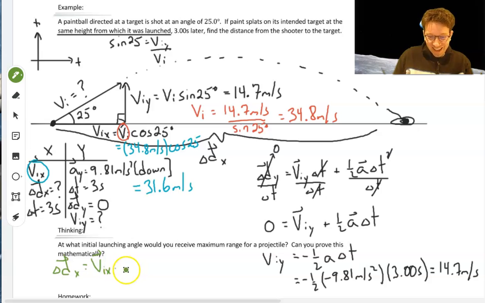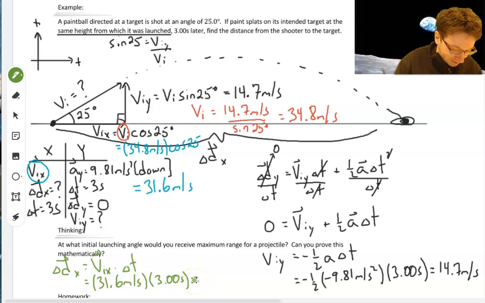Right? And then we're going to times that by time. So that's our equation when acceleration is 0. And we get initial in x, which is 31.6 meters per second, times time, which is 3 seconds. And that gives us a range of 94.7.